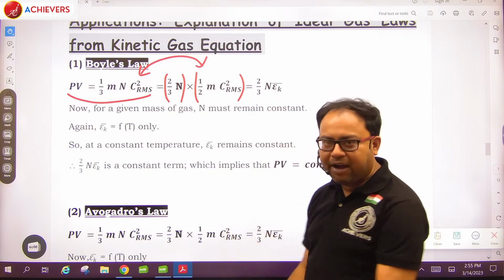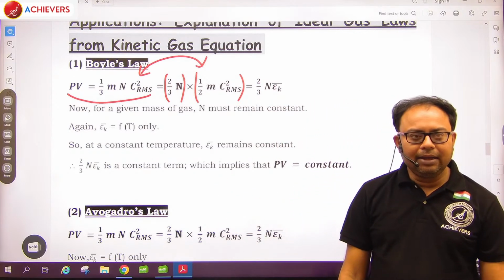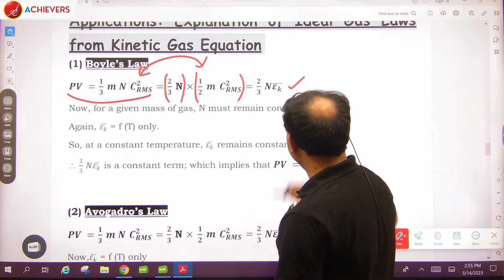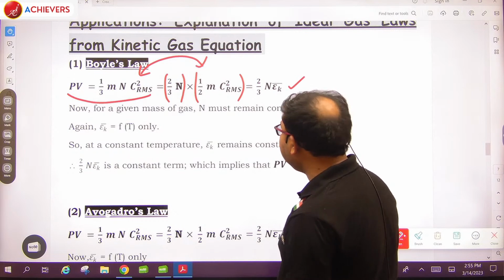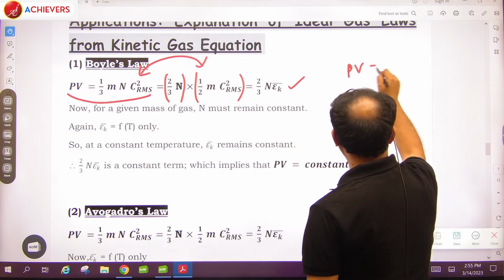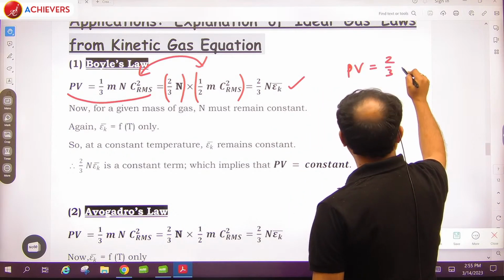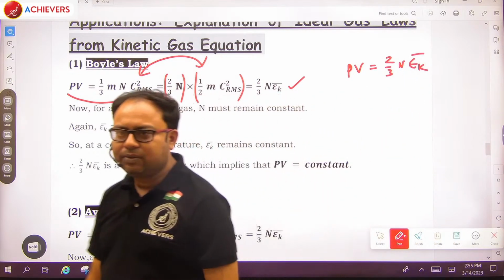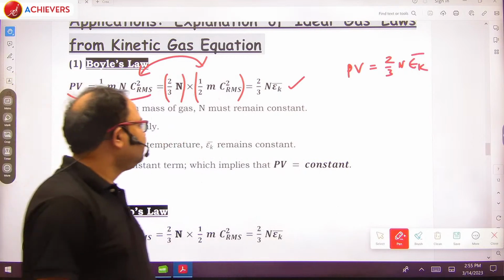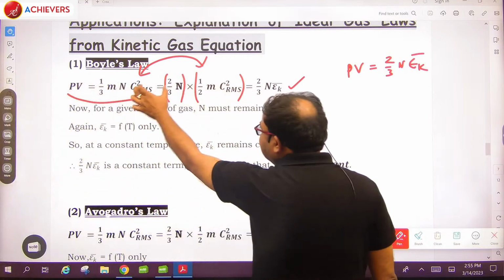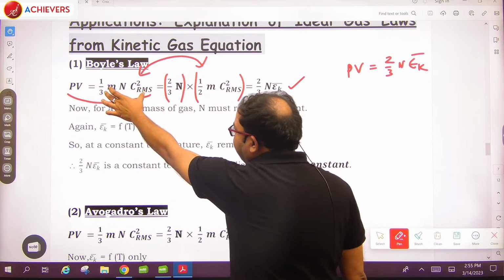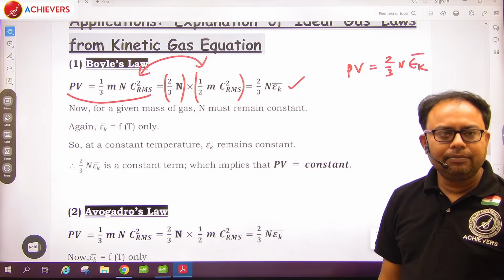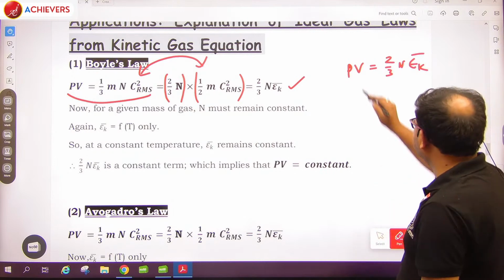We have already defined epsilon k bar. It is the molecular kinetic energy. So basically, you have got PV equal to 2/3 n epsilon k bar. I think you all have understood this one. The trick is over here: you have to split this term into two meaningful parts.